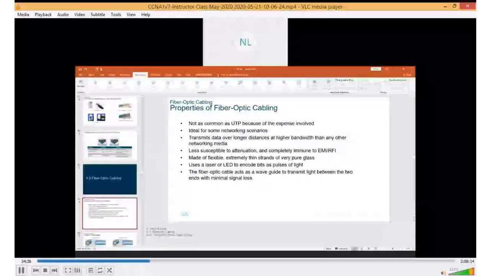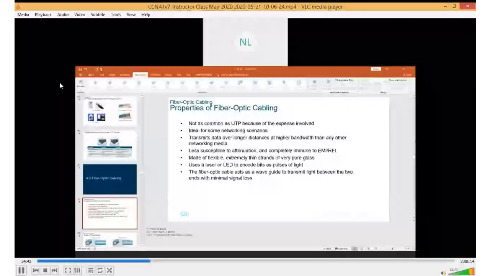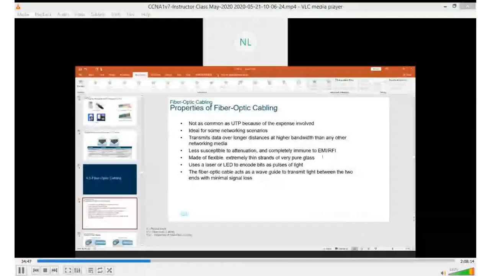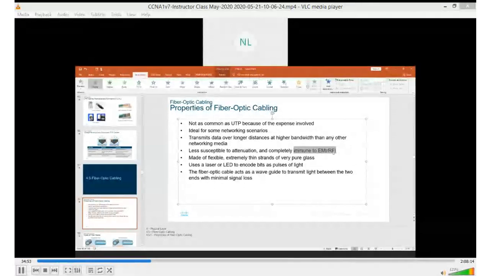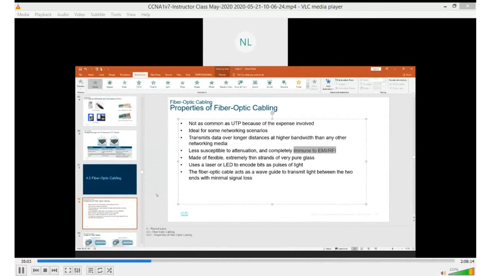It requires technical skill to work with, but it can connect over a longer distance, and it doesn't have the problem of interference. That's why here it says it's immune to electromagnetic and radio frequency interference. It is very sensitive, so working with fiber optic requires you to have some skills.